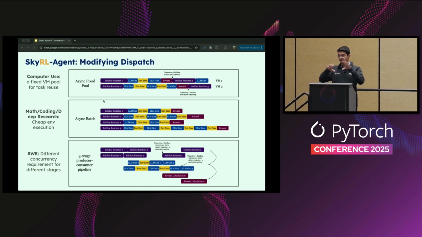Treating each of these as separate stages and then overlapping them concurrently in an asynchronous 3-stage producer-consumer pipeline actually leads to a much better utilization. And we've found that this is 4 to 5x better than a naive batched implementation. So these are some things you can do with SkyRL agent, which is figuring out the right dispatch strategy for a given task.